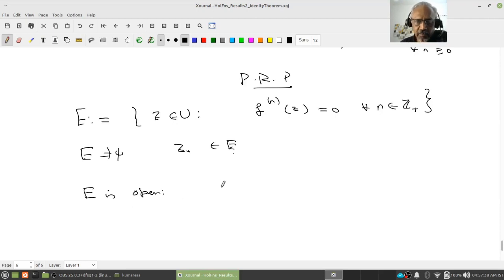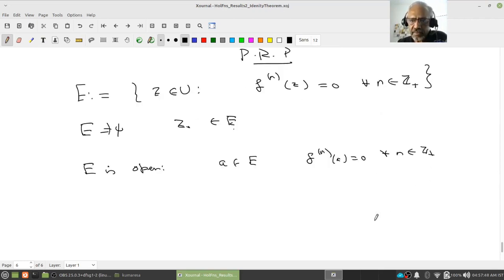Because suppose a belongs to E, right? Then the nth derivative of f at a is 0 for all n in Z plus, right? That means, let me look at any r so that B(a, r) is contained in U. Then I know I have a power series expansion of f(z) there, right? Are you following?